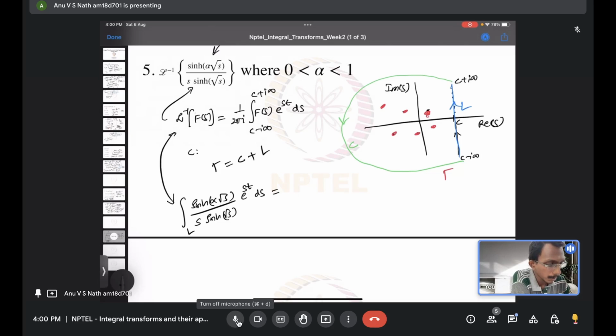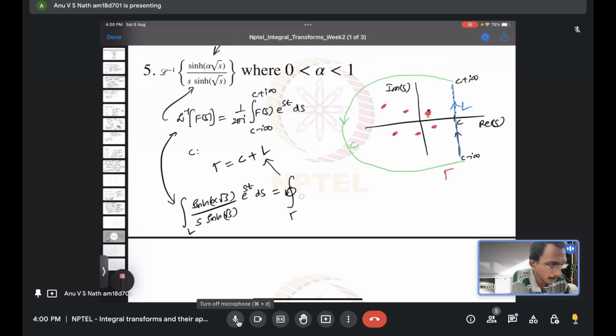Let's say gamma is a closed contour including both C and L. Then the integral over the line equals the closed integral over gamma of the same function ds minus the integral over the curved part only.